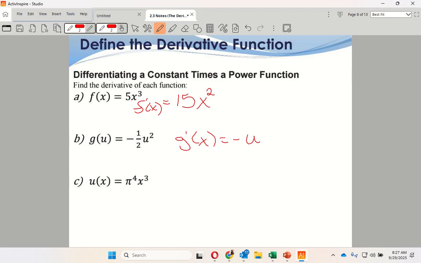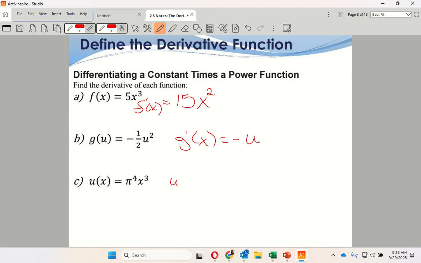It's not a variable. It doesn't vary. Pi is what it is. It varies because people approximate it differently, but pi is a number. So in this case, my coefficient is pi to the 4th. That is the number out front. Pi is not a variable, so that rule does not apply to my pi. So this is going to be 3 times that.